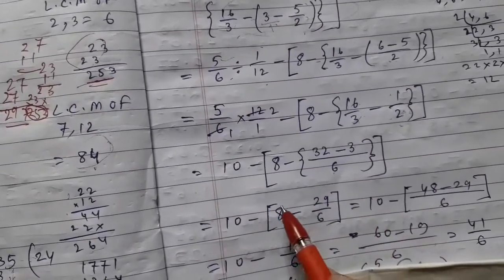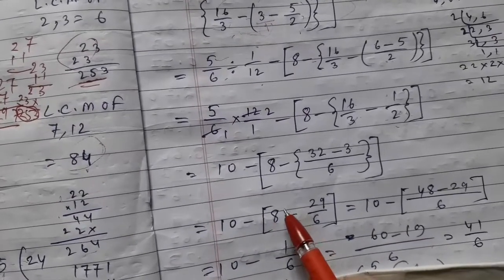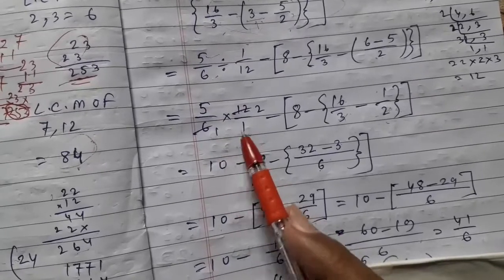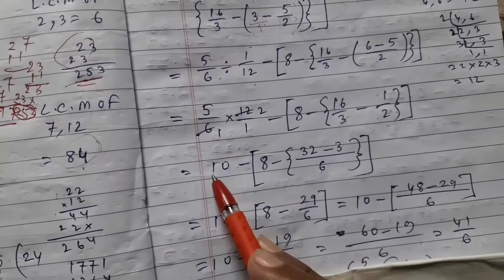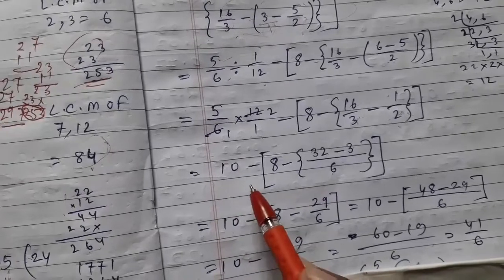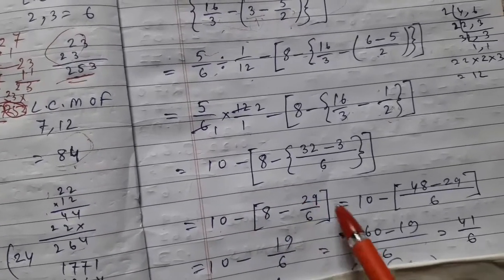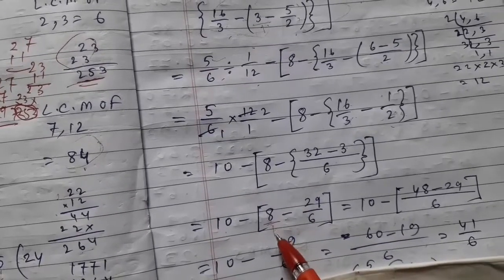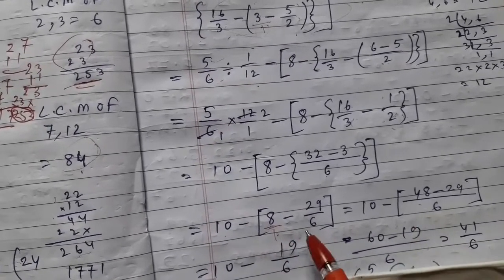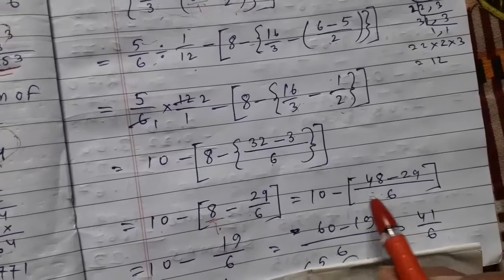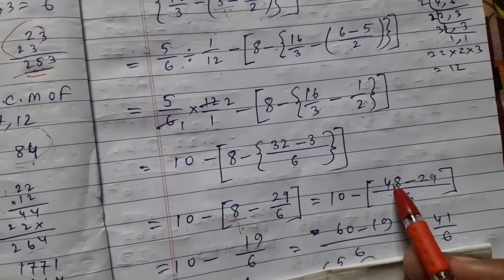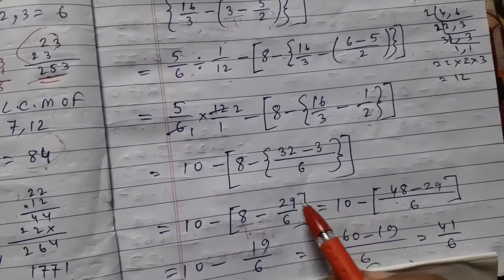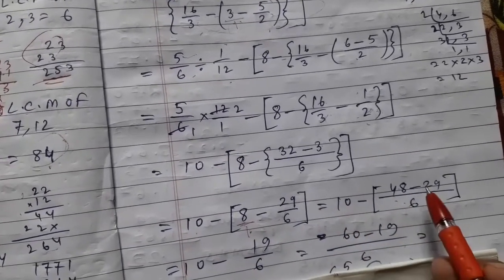10 minus rectangular bracket, 5 2s are 10, 6 1 1s are 1. We have to know the denominator number is 1. Clear? The denominator is 1, the LCM is 6, and 1 LCM is 6. 6 8s are 48 minus 6 1s are 6, that means 2 1 29, 1 29s.